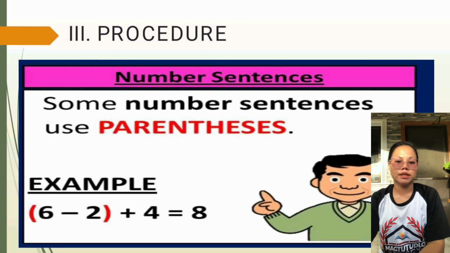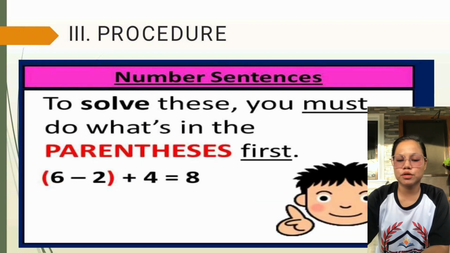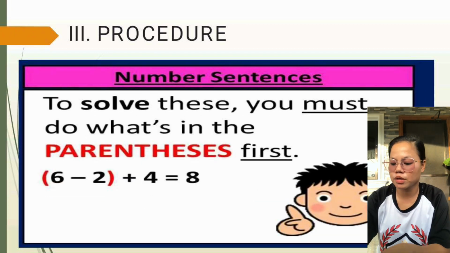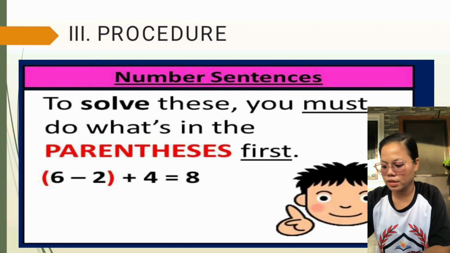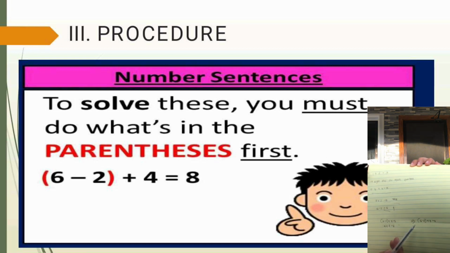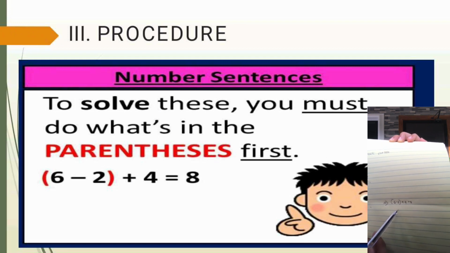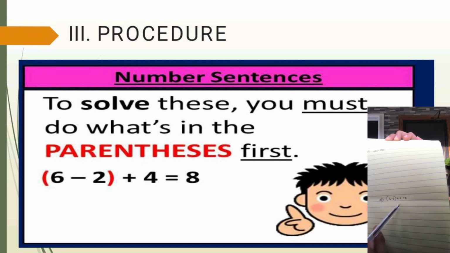Some number sentences use parentheses. To solve this, you must do what's in the parentheses first. I have here an example like this: 6 minus 2 in parentheses, plus 4 equals 8.